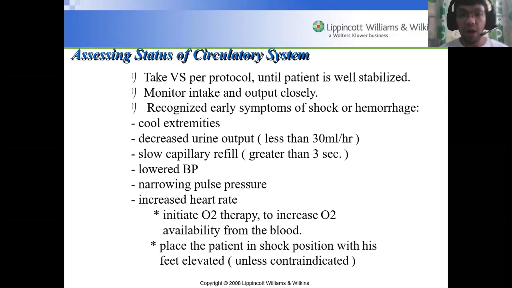Recognize any early symptoms of shock or hemorrhage, such as cool extremities, decreased urine output, which is less than 30 ml per hour, slow capillary refill, which is greater than 3 seconds or 2 seconds, low BP, narrowing pulse pressure, and increased heart rate.